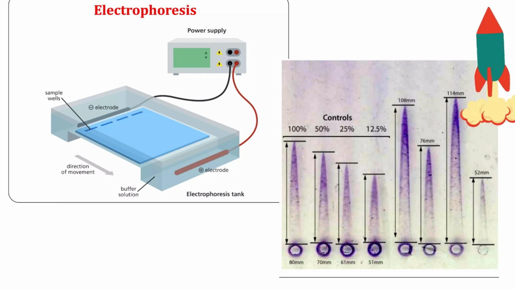Molecules are separated into bands, so we can observe bands based on their movement. Or in the case of rocket immunoelectrophoresis, we can observe not bands but rocket-shaped precipitates. These bands can be visualized and analyzed to determine their presence, size, and concentration of specific molecules. So that's electrophoresis.